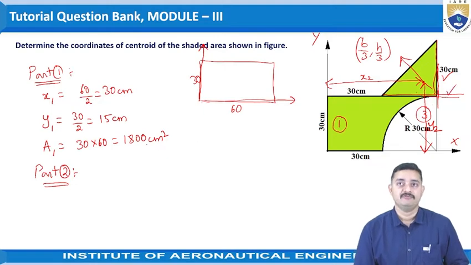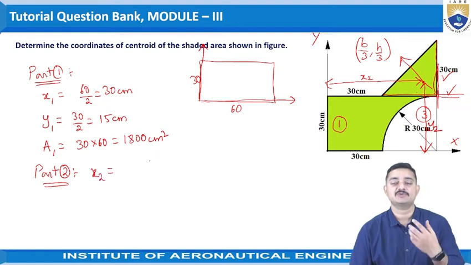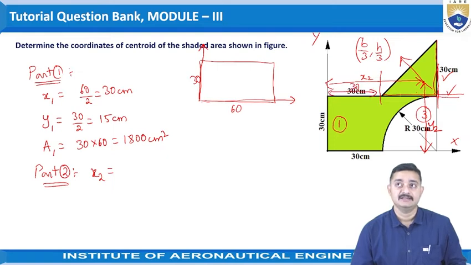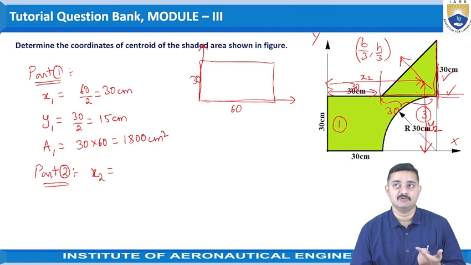Okay, so for identifying x2, let us say the x coordinate of the centroid of this particular triangle, what we can take, we will be taking this 30. We know that this is from 30, and then this distance is also 30. So what we can do, from this 30 to overall distance, we will be subtracting this portion, which is b by 3.